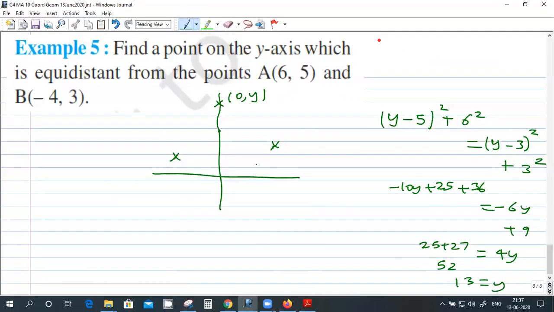What is the mistake? y minus 5 square plus 6 square equal to y minus 3 square. Oh, it's 4 square, so this is 16.